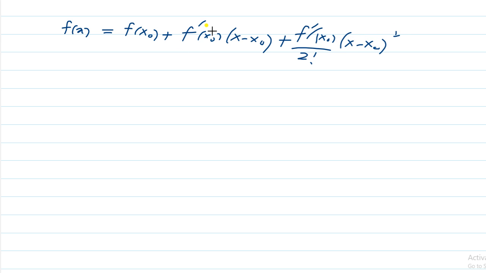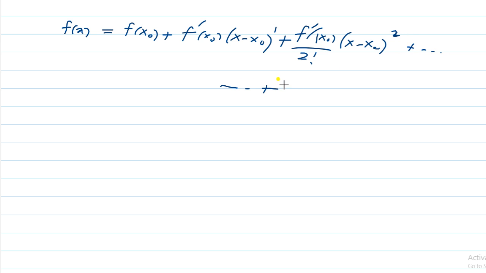So we keep on increasing the power. You see there is no power of x here, there is 1 power of x, 2 power of x, and the same derivative is being multiplied. Next will be the third derivative divided by 3 factorial and so on. Okay, you can go to any derivative.